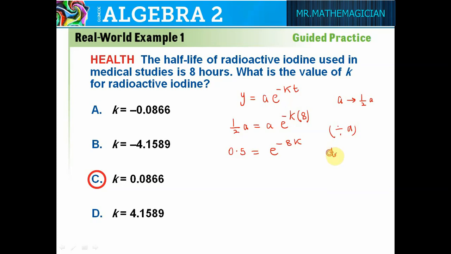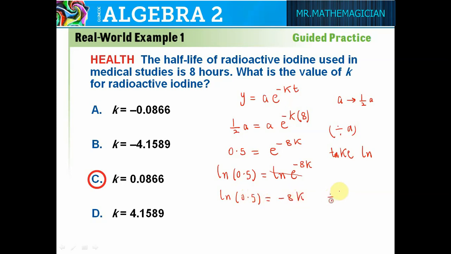Now we can take ln of both sides, so ln 0.5 for the left-hand side and ln e to the negative 8k for the right-hand side. We all know that ln and e will vanish each other because they are inverse functions, so ln 0.5 will be negative 8k.